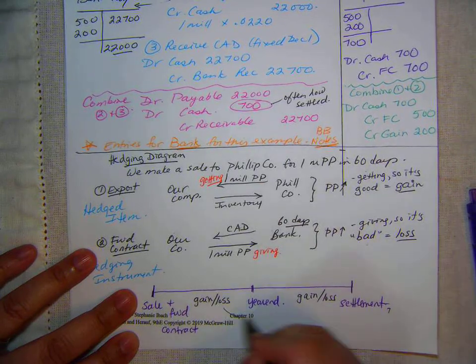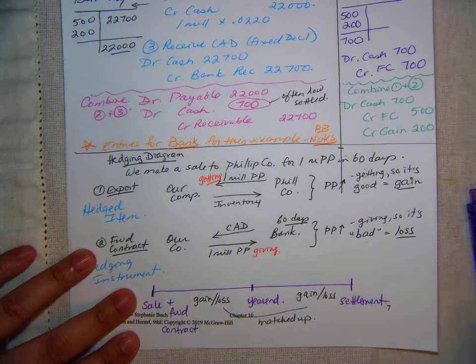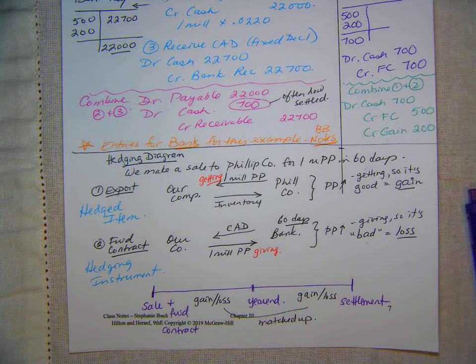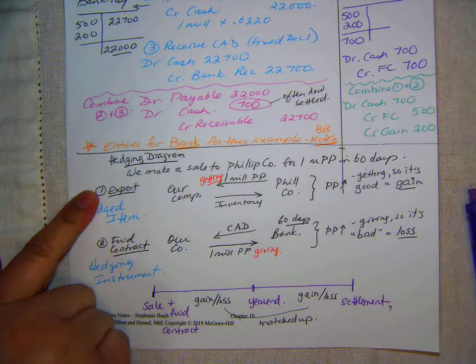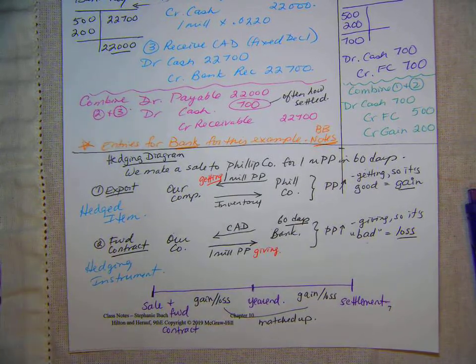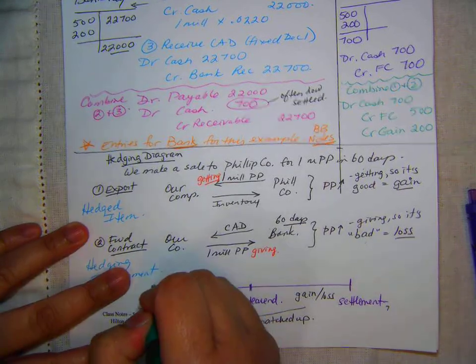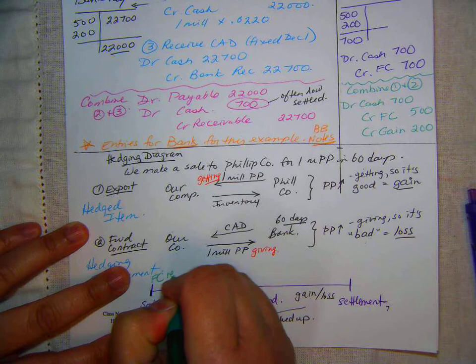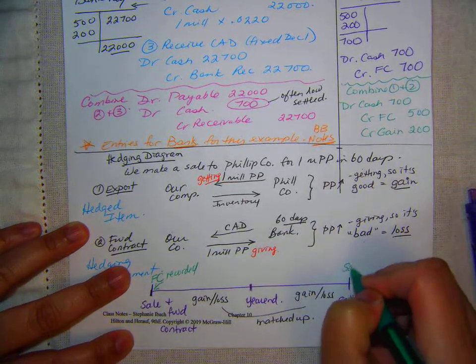However, sometimes we enter into contracts, for example for a sale, and we don't record it right away because the earnings process hasn't been finished. So we might get a situation where instead the forward contract is recorded here, but then the sale recorded here. So all of a sudden, the gains and losses don't match up.